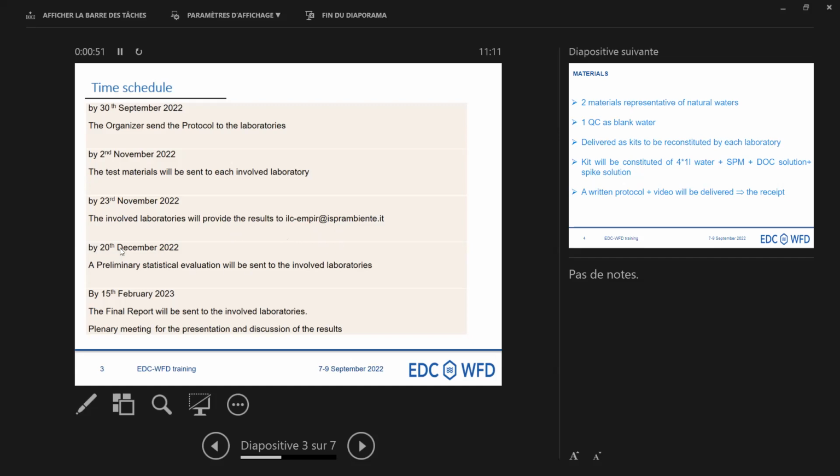By 20th of December, we will provide you a preliminary statistical evaluation of the interlaboratory comparison. And by the 15th of February, we will provide you the final report, and we plan to organize a meeting to discuss the results of this interlaboratory comparison, because it is important to share and to have a global improvement of all the laboratories that will have to make these routine measurements of estrogens in the near future.